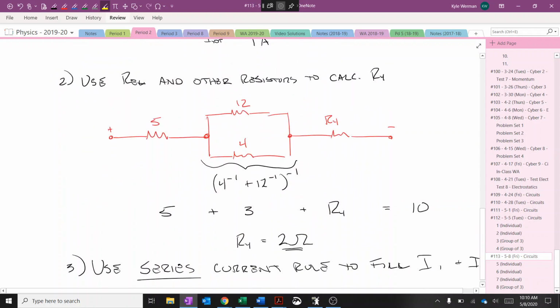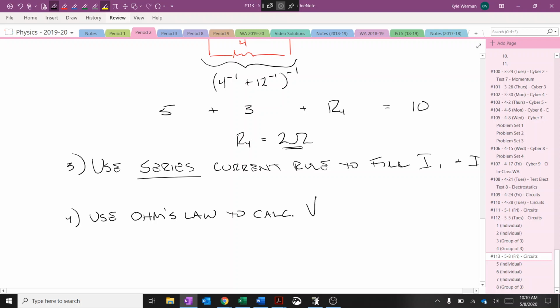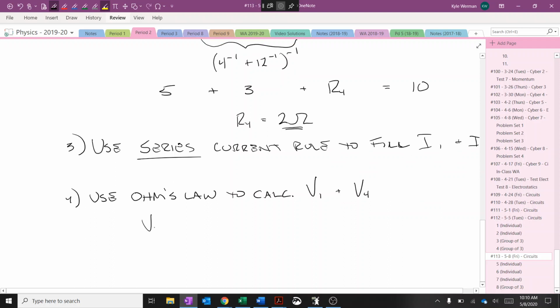All right, so we're going to use Ohm's law to calculate the voltage drop across resistor 1 and resistor 4. The voltage drop across 1 is got to be the current through 1 times the resistance of 1, which is 1 amp.